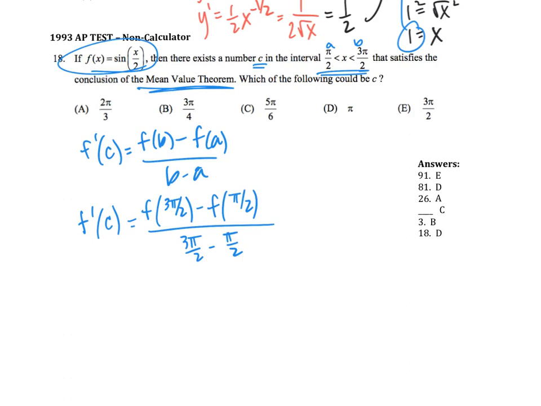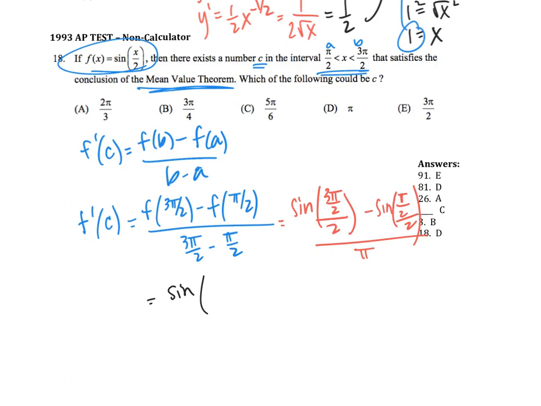When I plug in 3 pi over 2 into my function, that'd be the sine of 3 pi over 2 over 2 minus the sine of pi over 2 over 2, all over 3 halves pi minus 1 half pi, which would be 2 halves pi, which is pi. The sine of 3 pi over 2 divided by 2 is the same as 3 pi over 2 times 1/2, which would get me 3 pi over 4.